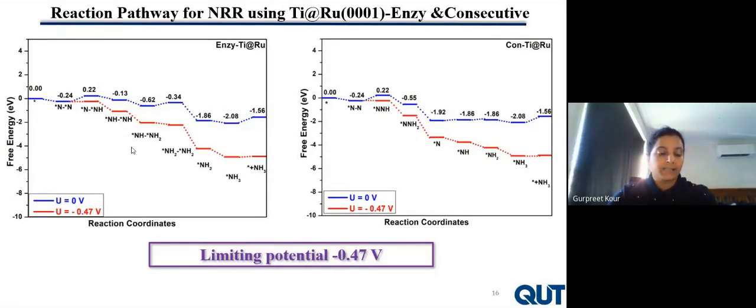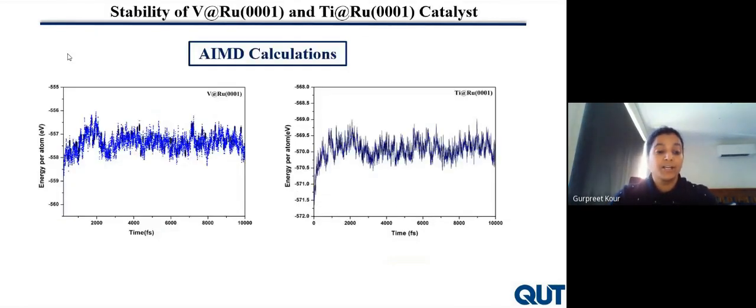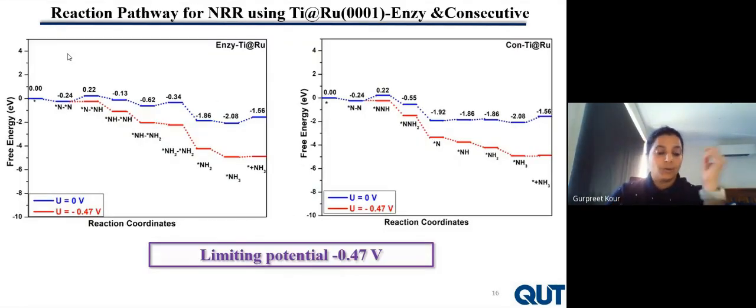But in this case, the first step, the hydrogenation step of the adsorbed nitrogen in the side-on adsorption, the conversion of NNH to NNH, was quite high, that is minus 0.47 volt. And similar was the case for consecutive titanium.